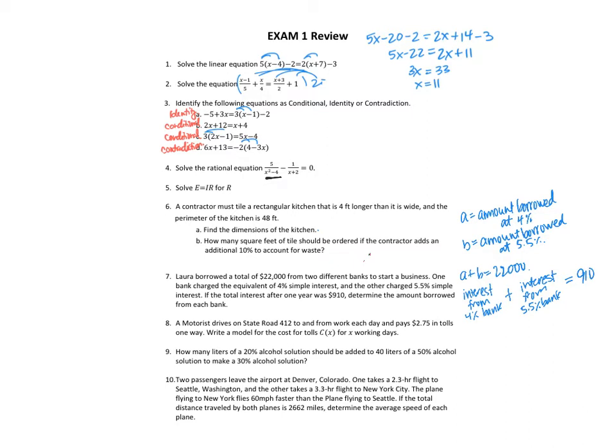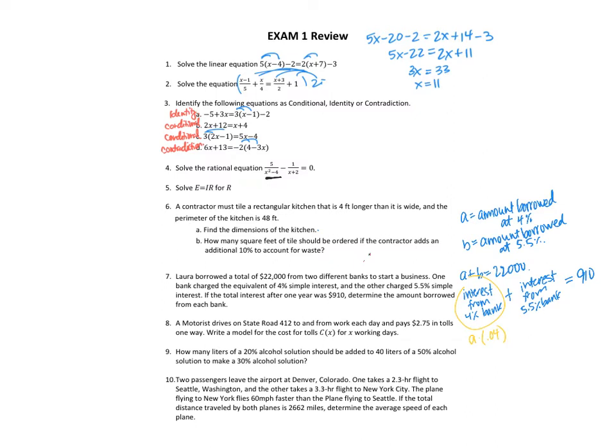So how do I compute the interest from this 4% bank? Well, it's going to be the amount that I borrowed, which is A, times 4%, so 0.04.